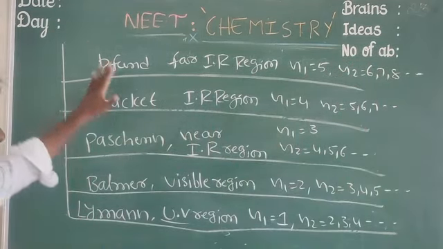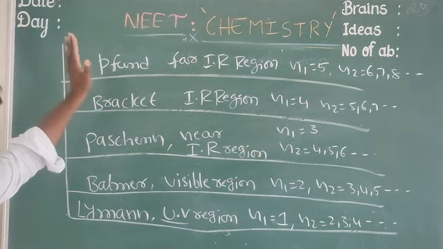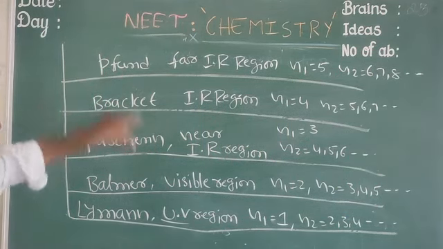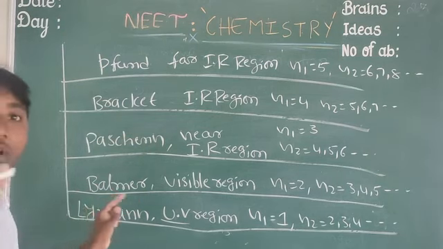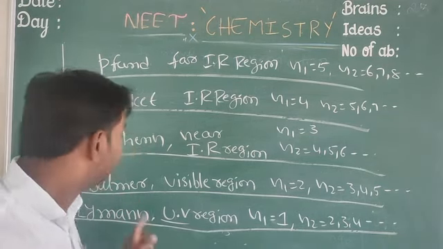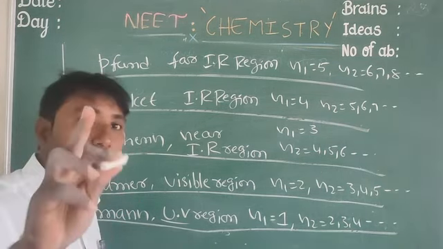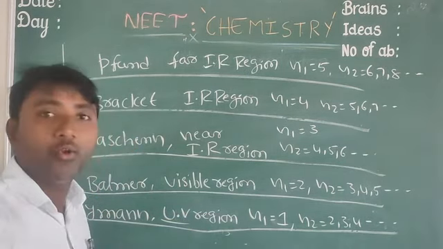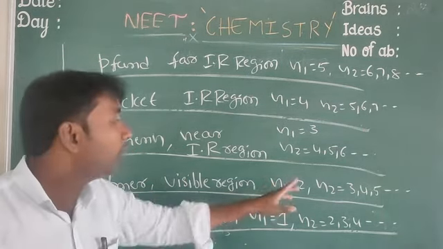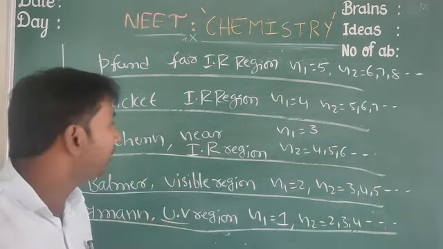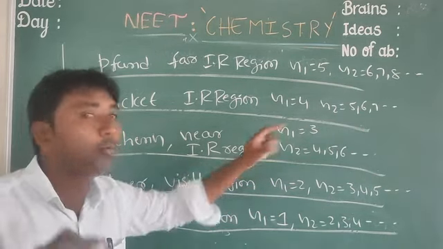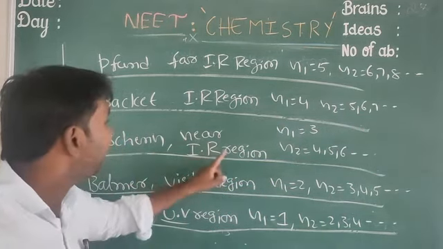This is about the 5 series of lines in the hydrogen spectrum. Lyman, n1 value is important. Lyman series, n1 equal to 1. It appears in the UV region. Balmer, n1 equal to 2. It appears in the visible region. Paschen, n1 equal to 3. It appears in the near IR region.